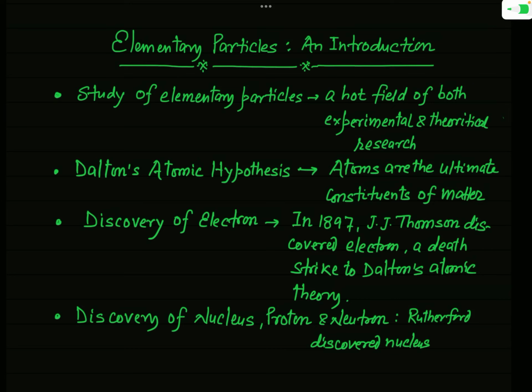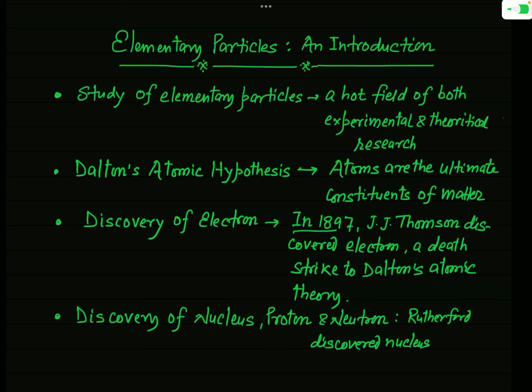By the end of the 19th century, in 1897, J.J. Thomson firmly established the existence of a particle which is called the electron. And actually this electron is the most important elementary particle, and now it is classified as a fundamental particle and an essential constituent of all atoms.